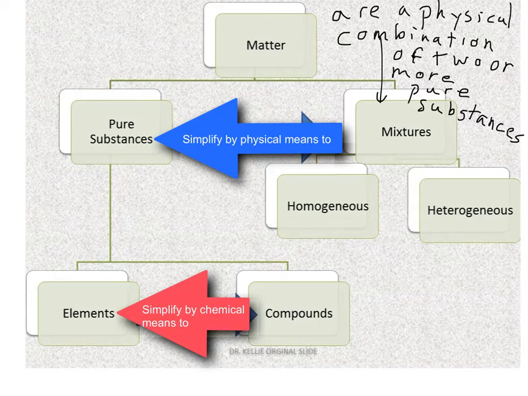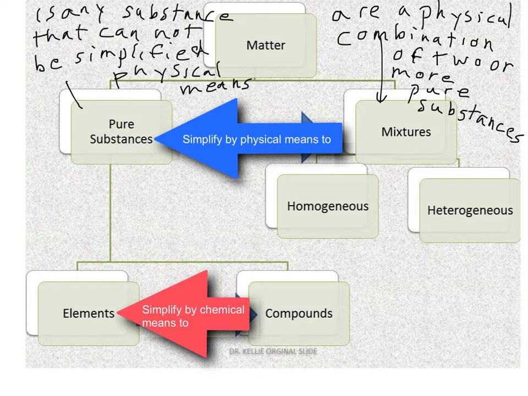They can be simplified by a physical means to a pure substance. A pure substance is any substance that cannot be simplified by physical means.